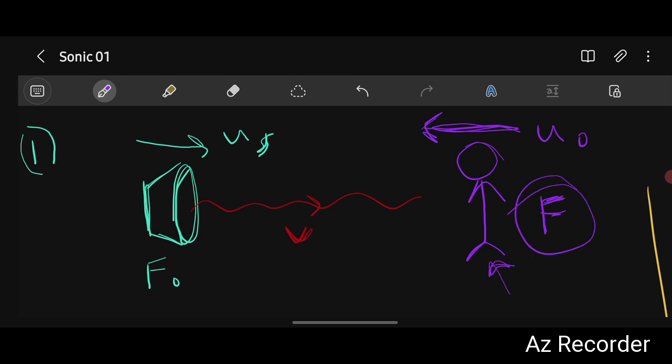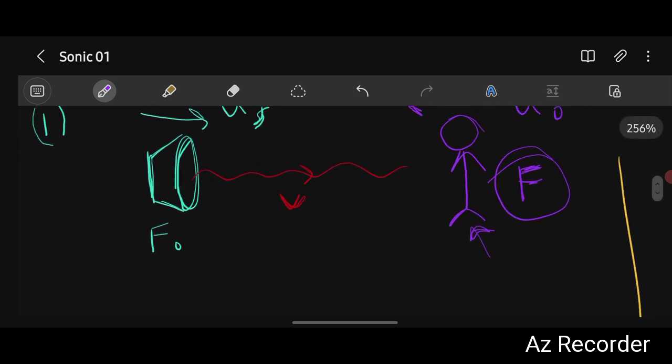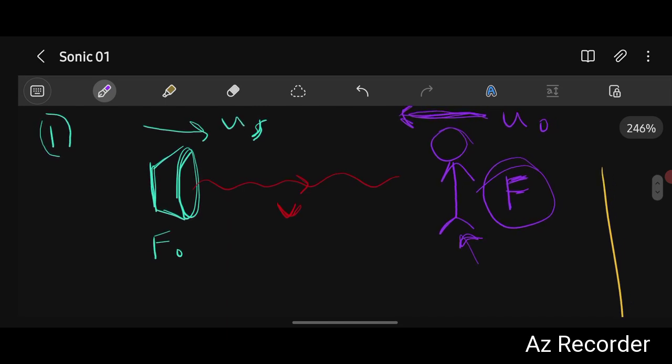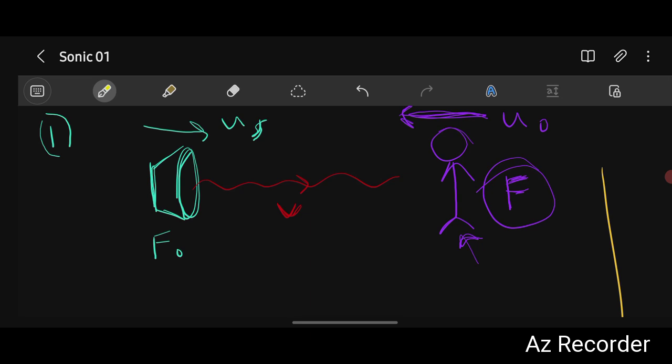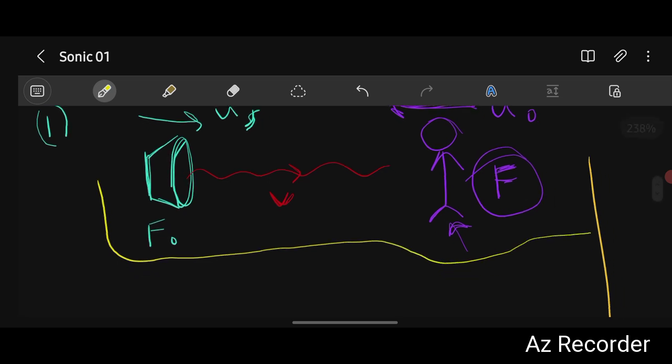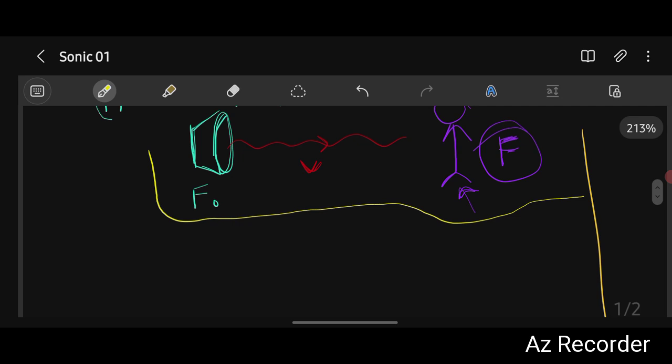In this instance, we can write the Doppler's equation from the general equation: f equals v plus u naught. This observer also has relative velocity towards this direction.